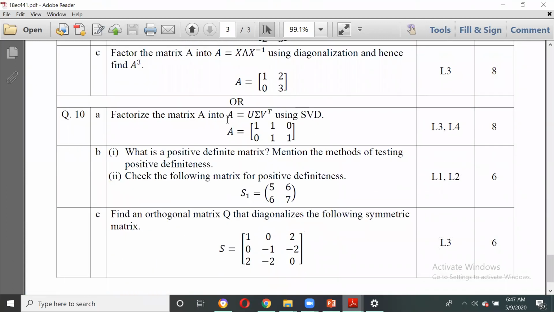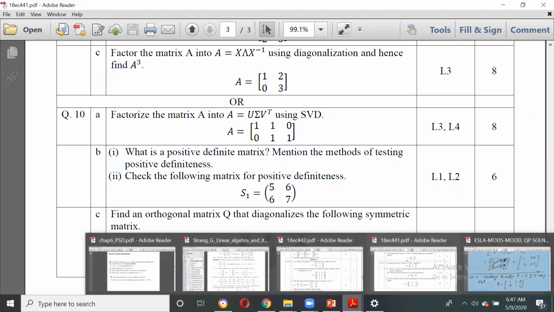Factorize the matrix A into A equal to U sigma V transpose using SVD. Given A, we need to factorize it into this using the SVD. So we should know the definition for SVD.